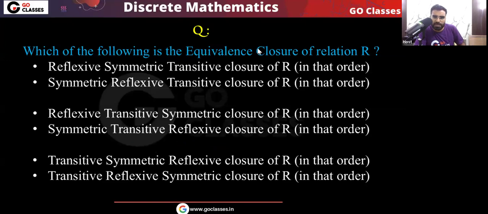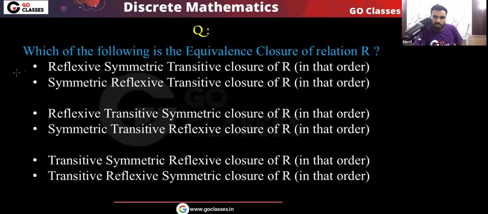My question is very simple. Which of the following will definitely give me equivalence closure of relation R? To find the equivalence closure of relation R, which of the following is guaranteed to give me the equivalence closure of relation R?